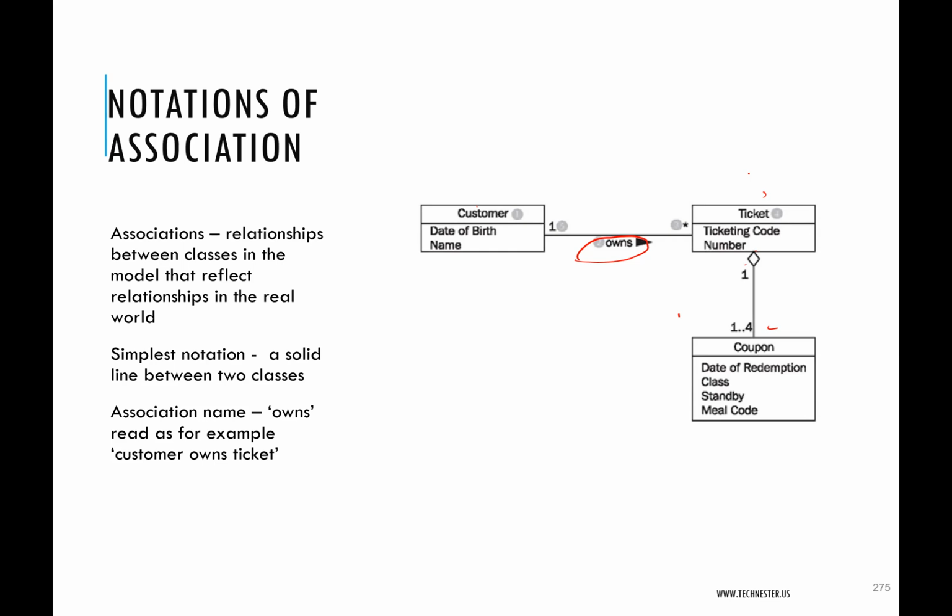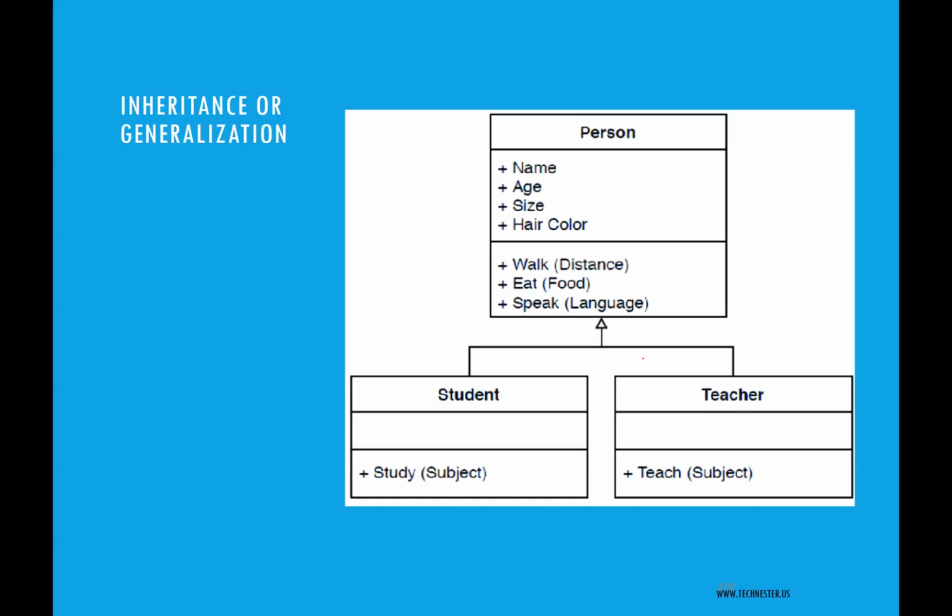Now let's see another association relationship that we talked about in use cases. We call this generalization, but it can also be used to show inheritance. And I explained this when we were talking about use cases. Who can remind us?